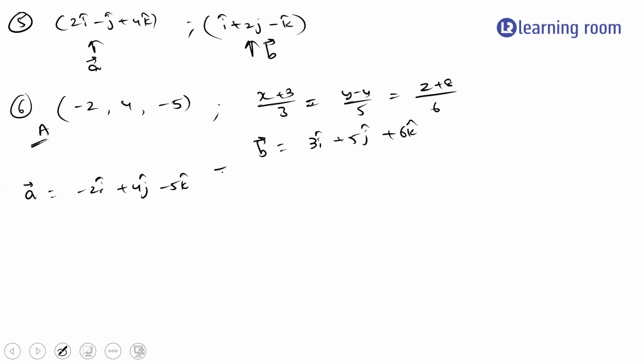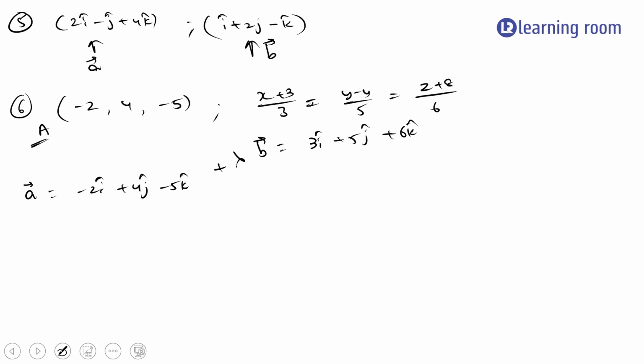A student asks: Sir, but B can also be -3i cap, right? No, not -3i cap.